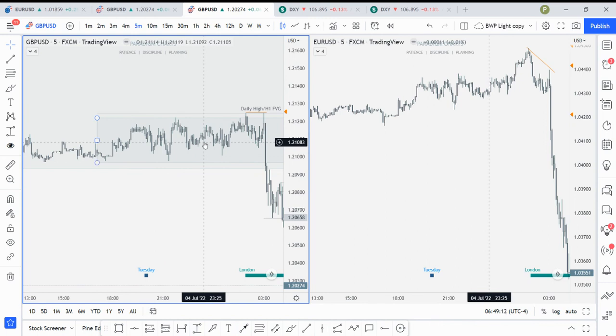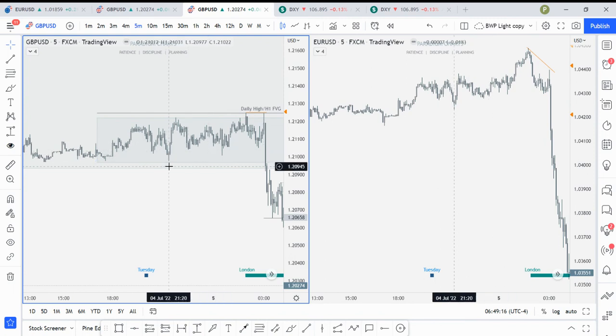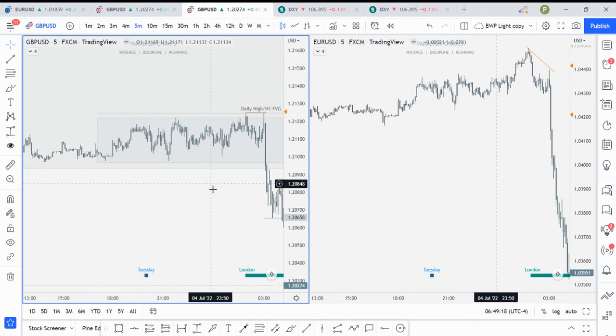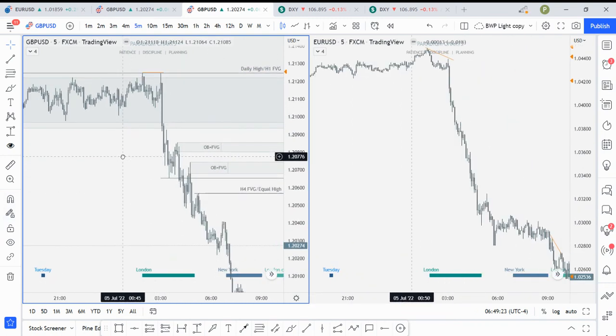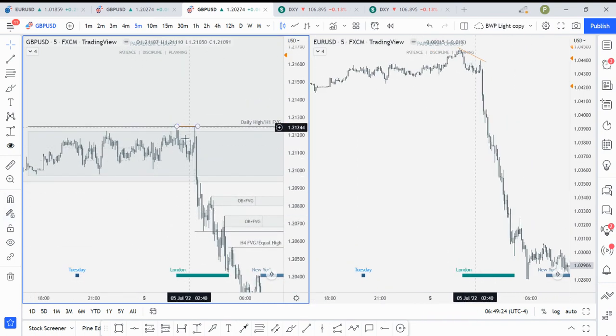I hope you understand the concept of SMT divergence and time and price theory. Now, other things you need to understand about time and price theory is the high and low of the day. If we are bearish, the high of that day would be formed during the London open Q zone.